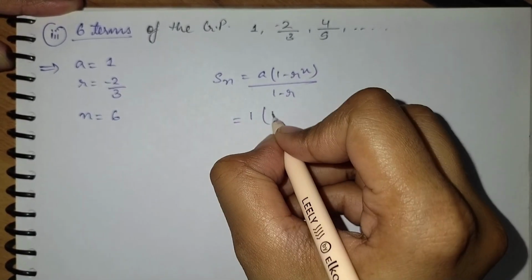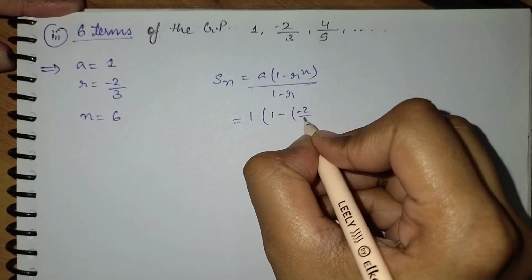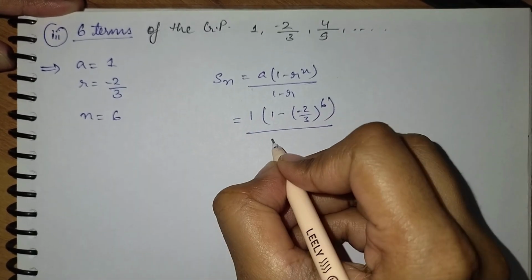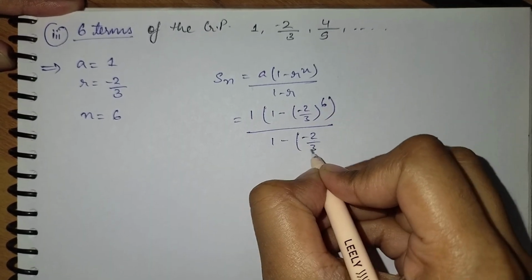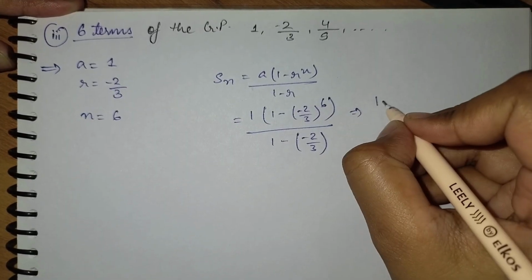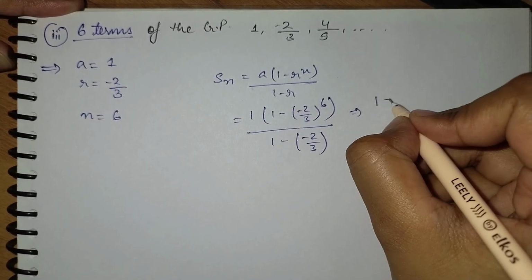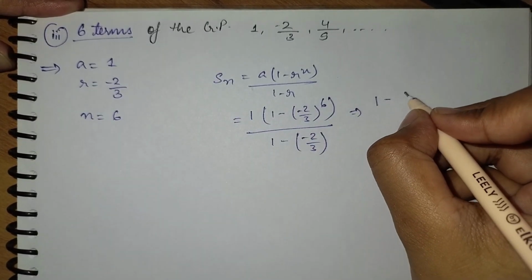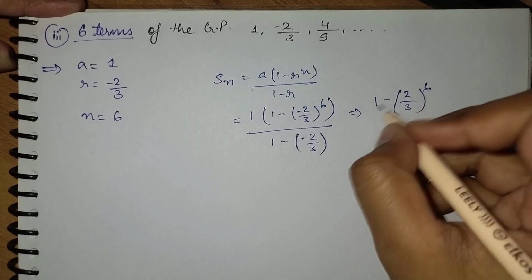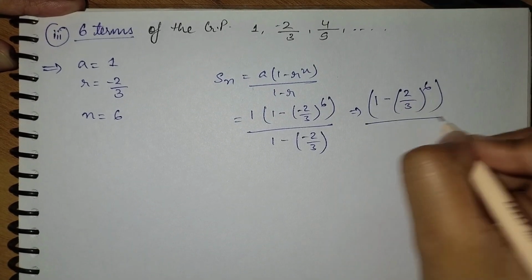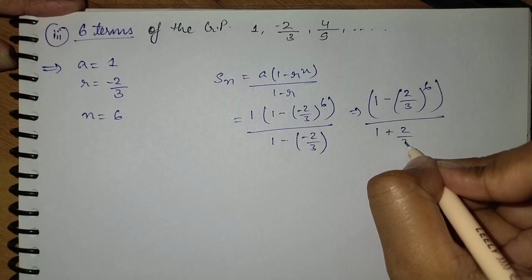Putting the values, 1 minus (minus 2 by 3) whole power 6 divided by 1 minus (minus 2 by 3). So the minus will be cancelled out in the power, and it becomes 2 by 3 to the power 6, divided by 1 plus 2 by 3.